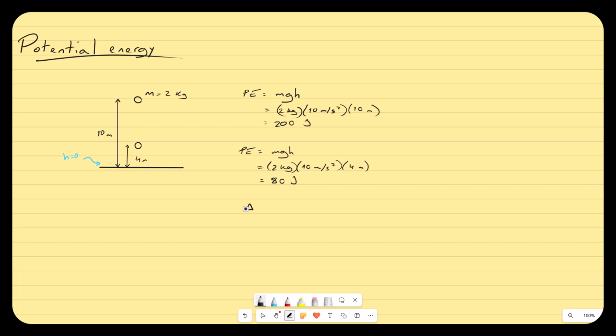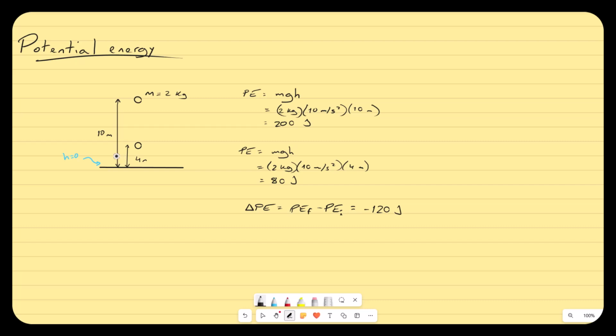So the change in my potential energy is PE final minus PE initial, 80 minus 200, is negative 120 joules. This is a negative number because my potential energy, which depends on height, decreases as I get closer to the ground.